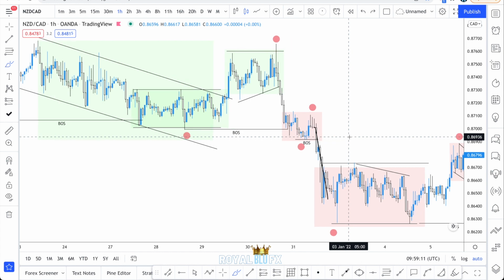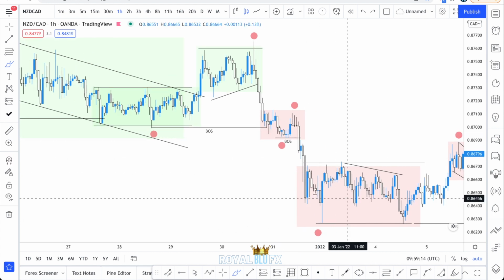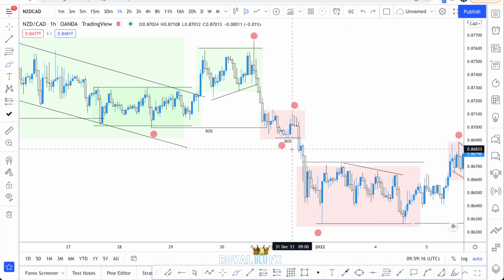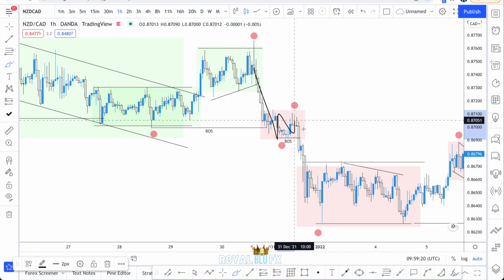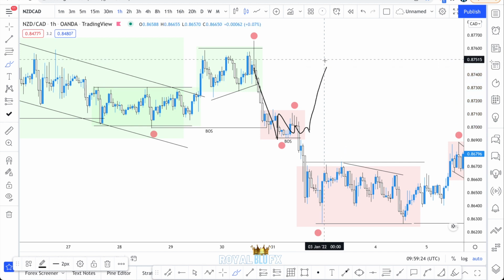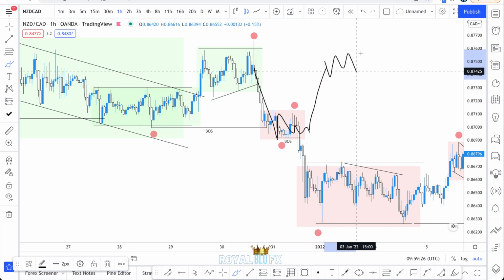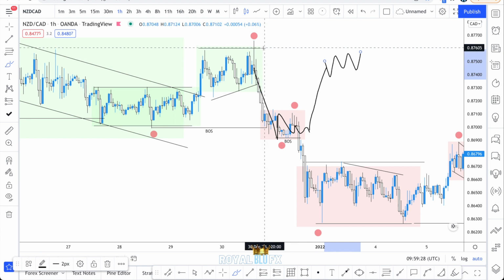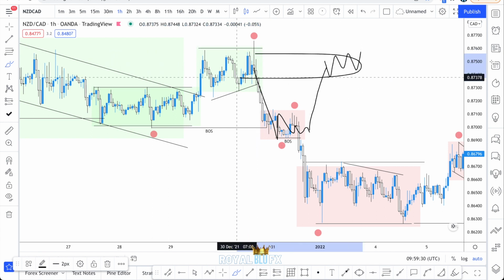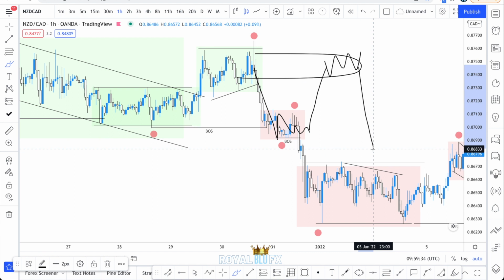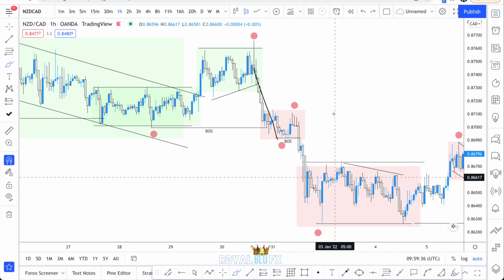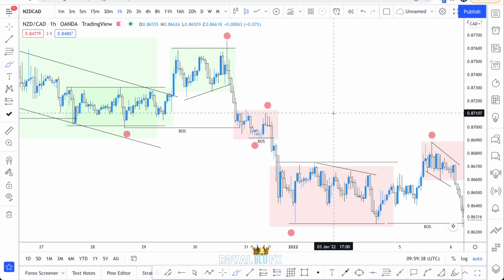Once price has extended here, price created more range. Again, remember when I say when price extends, ranges are either going to happen at the high or wait for the retracement and pullback, and ranges are going to happen at the very supply or demand area. In this case, it will be the supply area right here, and then price will start to extend again. That's just how ranges work in every scenario.